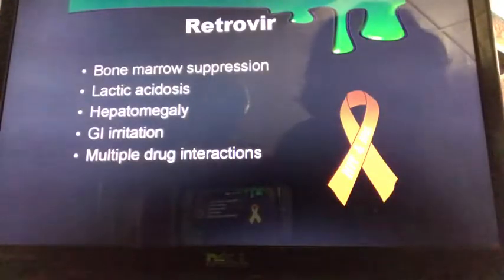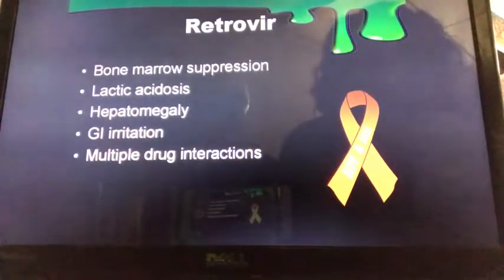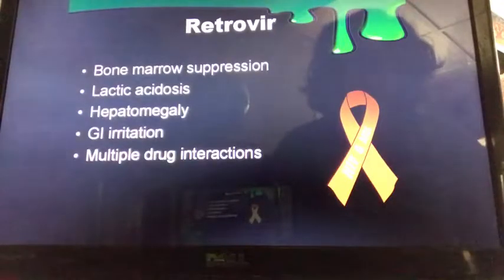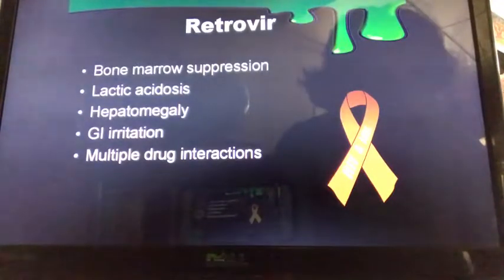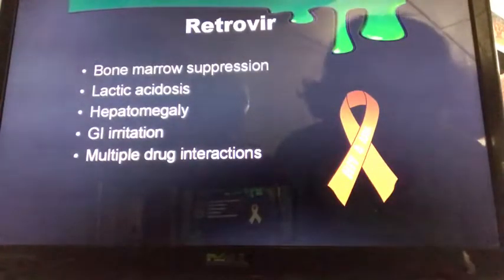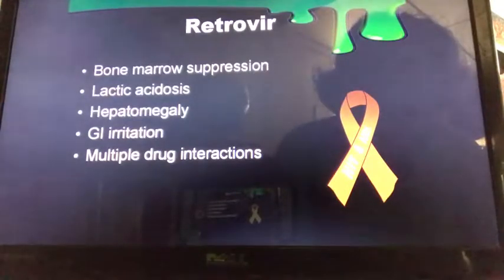Retrovir, this is one of your drug definition ones. It can cause bone marrow suppression, lactic acidosis, hepatomegaly, GI irritation, and it has multiple drug interactions, as many of these do.